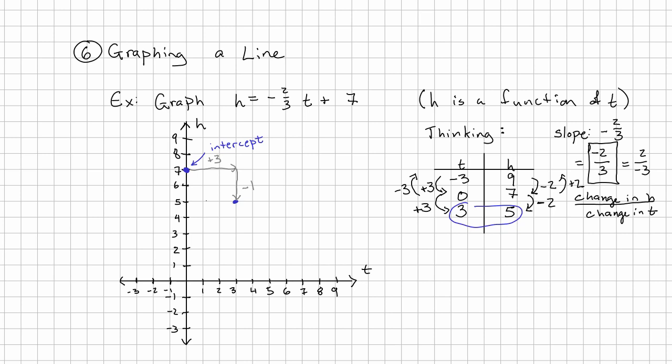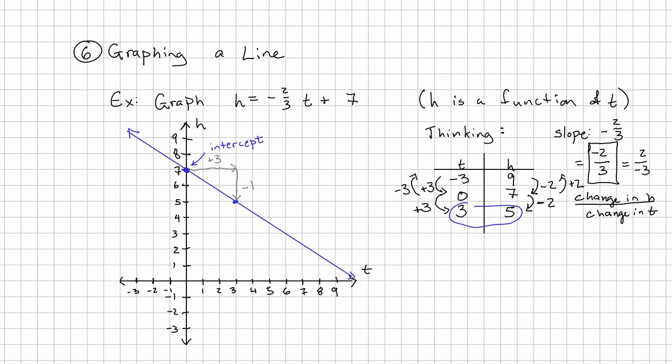Either way, that gives us 2 points on our line. Now, 2 points is enough to draw a line if we're using a ruler. If we have a ruler, we can now just use the ruler and draw that straight line, just like this. There's only one straight line that goes through those 2 points, so we can just draw it if we're using a ruler.